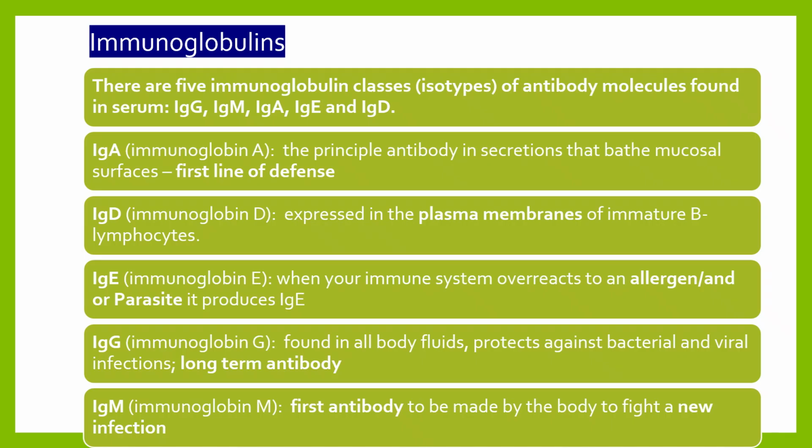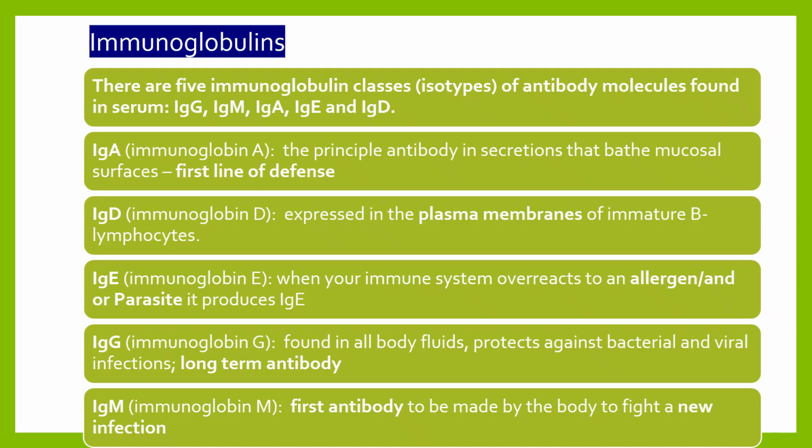IgA, or immunoglobulin A, is the principal antibody in secretions that bathe mucosal surfaces, first line of defense. IgD, immunoglobulin D, expressed in the plasma membranes of immature B lymphocytes. IgE, or immunoglobulin E, when your immune system overreacts to an allergen and/or parasite, it produces IgE.